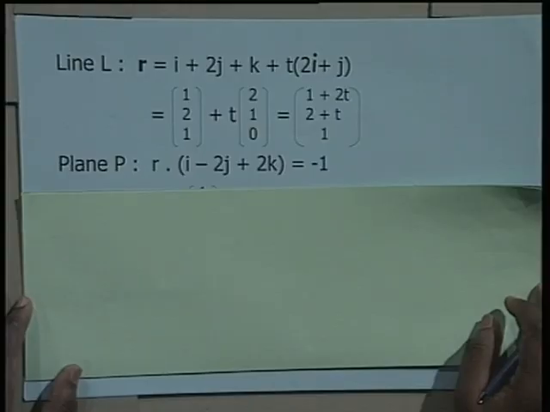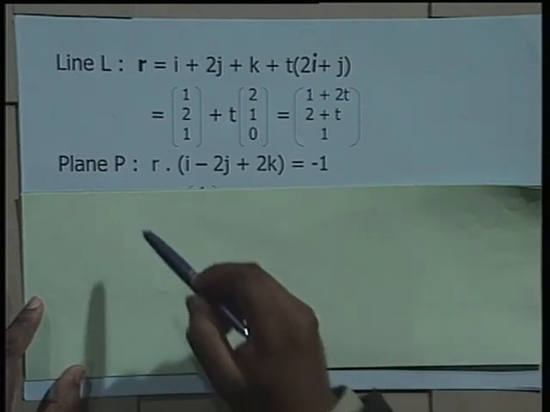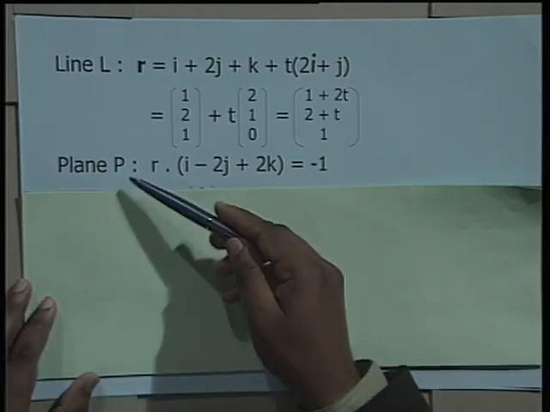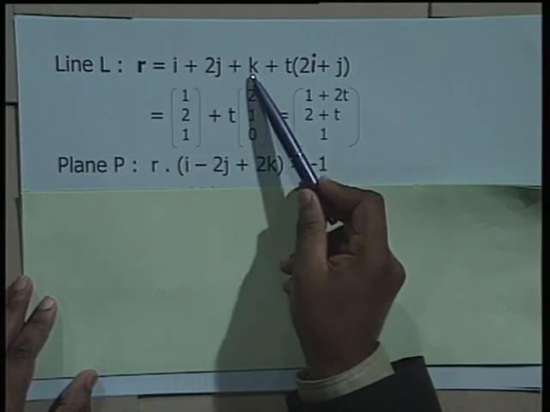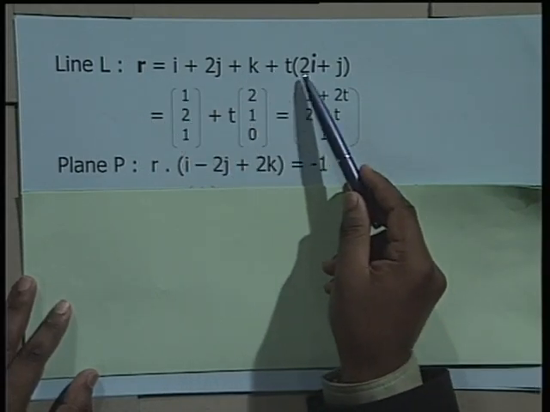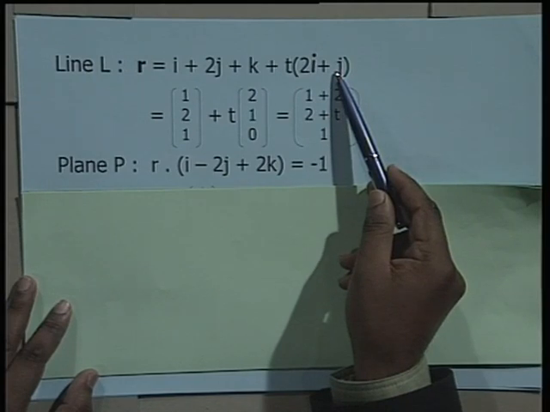Now, let's take another example to verify whether a line lies on a plane. Suppose that we have a line L and a plane P. Line L has equation i plus 2j plus k plus t times (2i plus j).